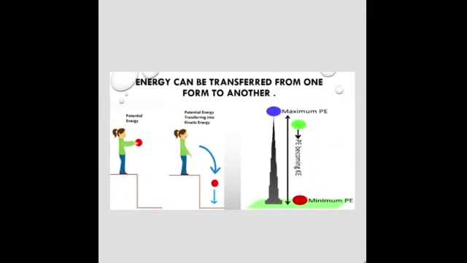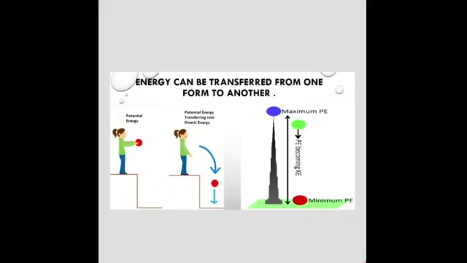When she drops this ball from this maximum height towards the earth, all of the potential energy will convert into kinetic energy, because the position is changing, because the ball is moving from the maximum position and coming towards the earth. So the ball is covering some distance, the ball is doing some work, so all of the potential energy is transferred into kinetic energy.